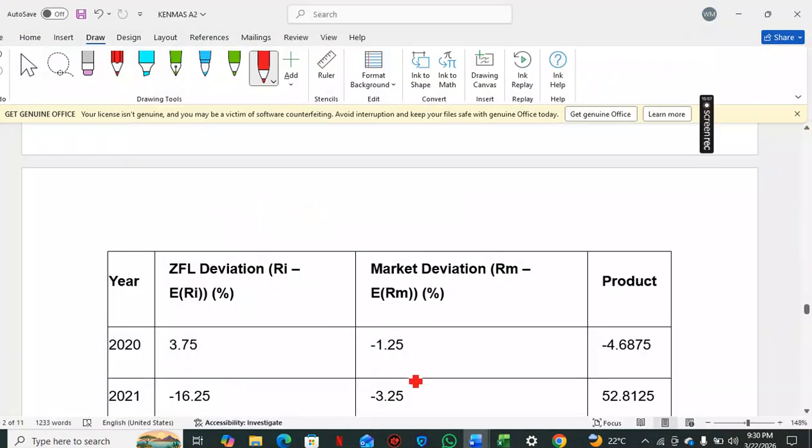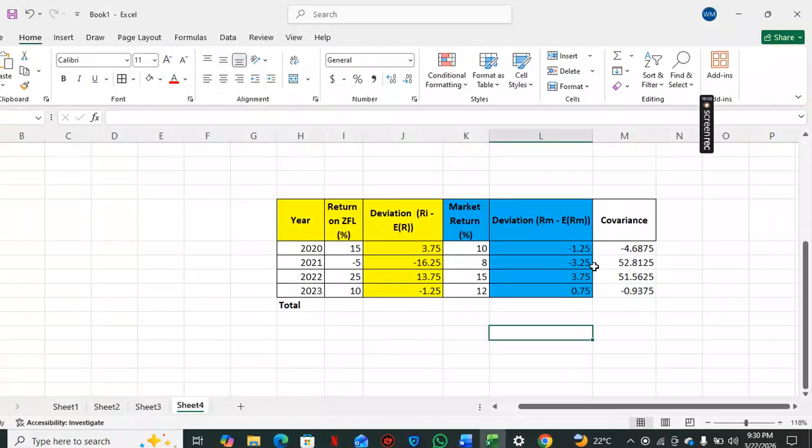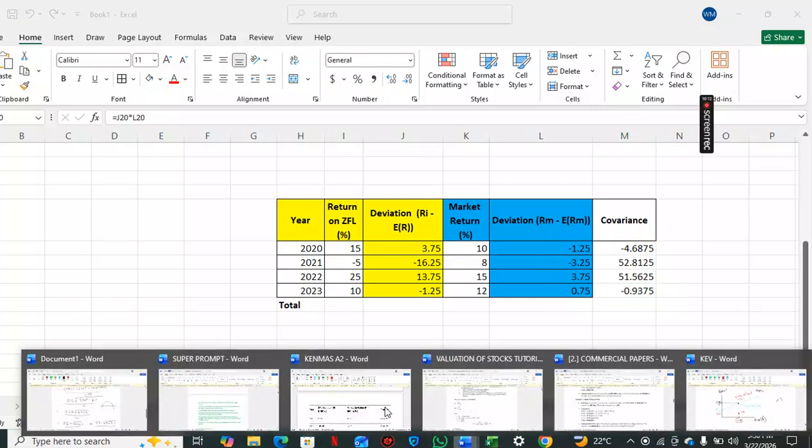Are there also any questions on this covariance tabulation here? The deviations for each. Remember where the deviations are coming from.